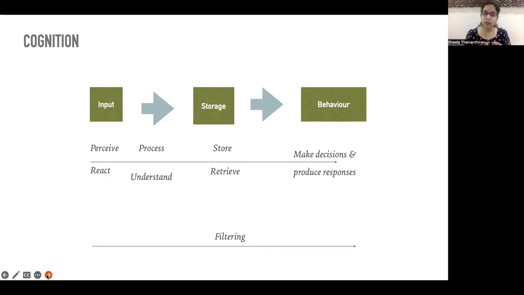With this information, you make better decisions and produce an appropriate response. The entire time you're filtering out whatever interferes with your focus. For instance, there'd be noise around you and you block it out. Or if there's a phone, you ignore it or put it on silent.